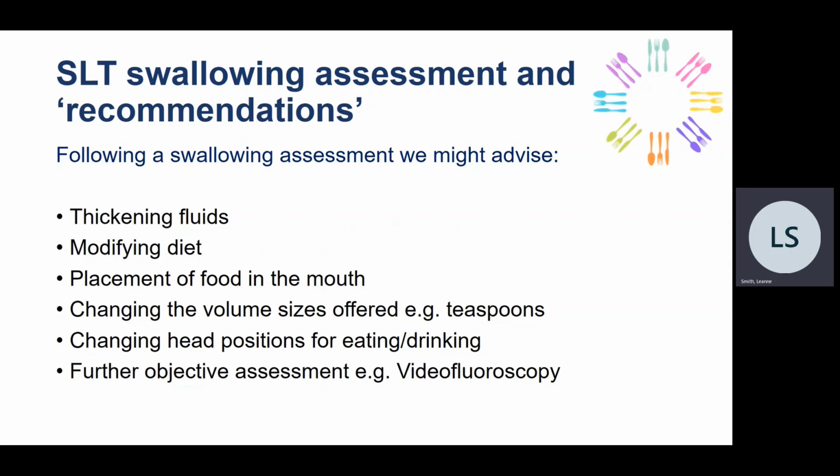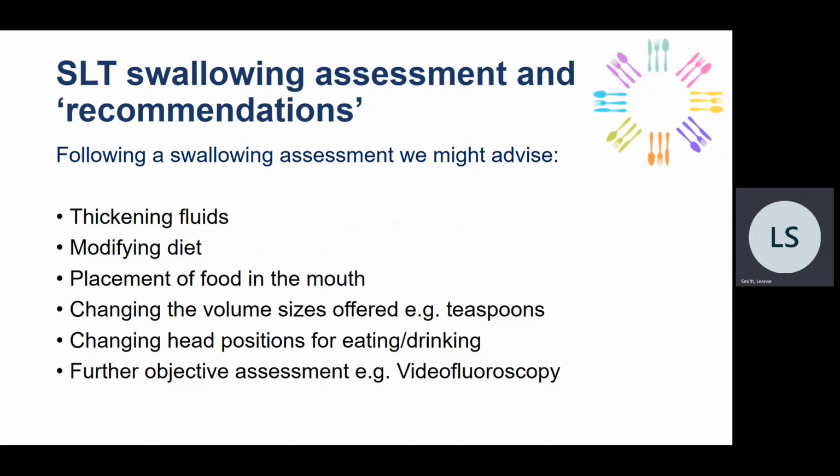The placement of food in the mouth can also have an impact on how safely a person can manage, particularly if they've had a stroke or they've got a weakness down a side, which can make them maybe more vulnerable to pocketing.